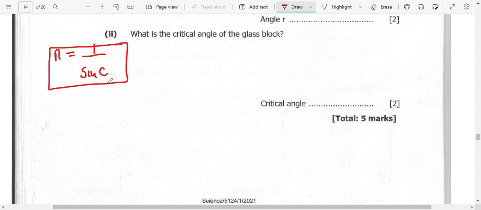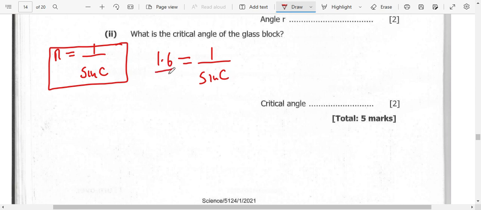Refractive index is 1 over sine c. Now the refractive index for this question has already been given. What's the value given? 1.6. Okay, so 1.6 is going to be equal to 1 divided by sine of c.